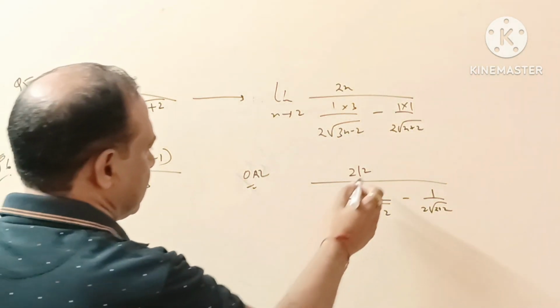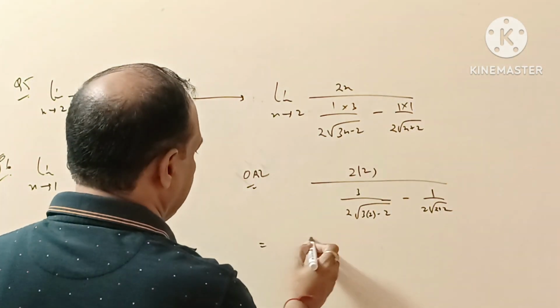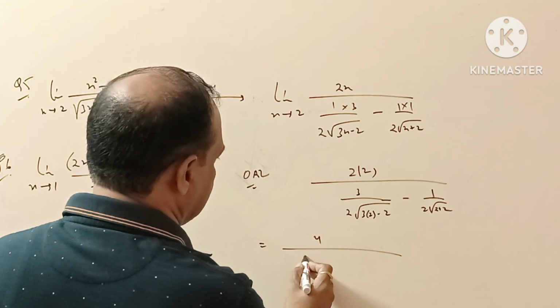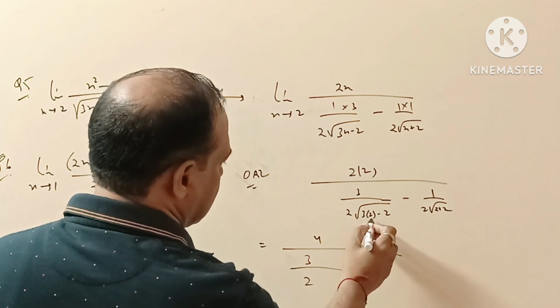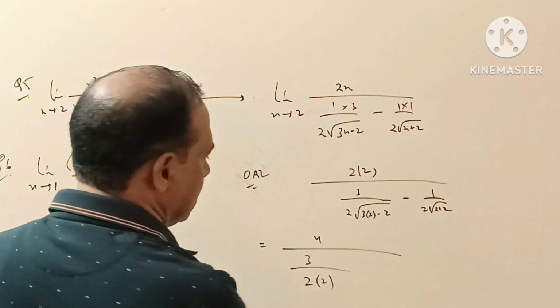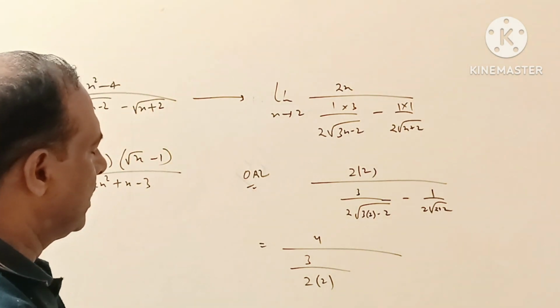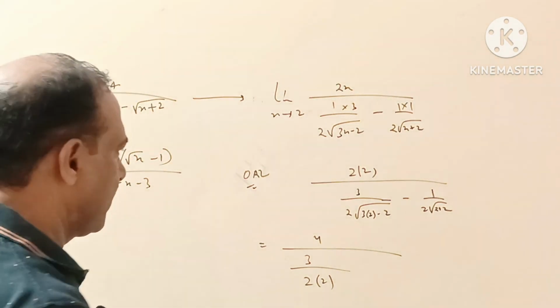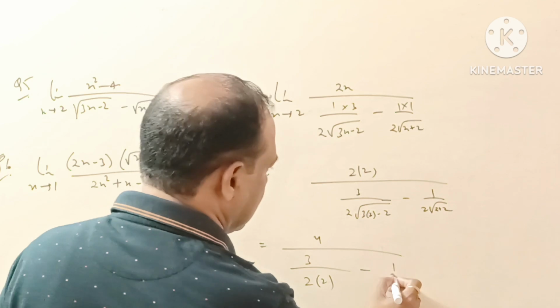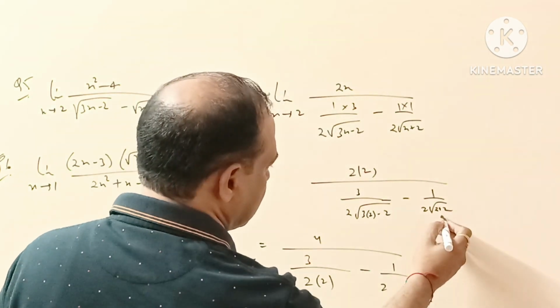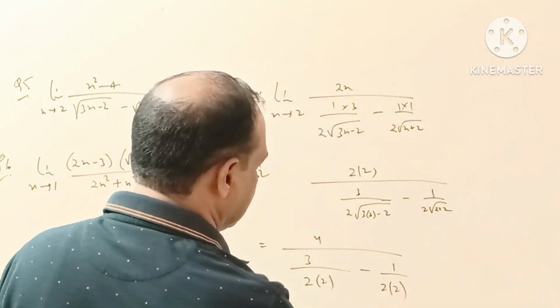This is 2 times 2, which equals 4. Now here 3 over 2 times the square root of 6 minus 2, which is 4, and the square root of 4 is 2. Now this is minus 1 over 2 times the square root of 2 plus 2, which is 4, and the square root of 4 is 2.